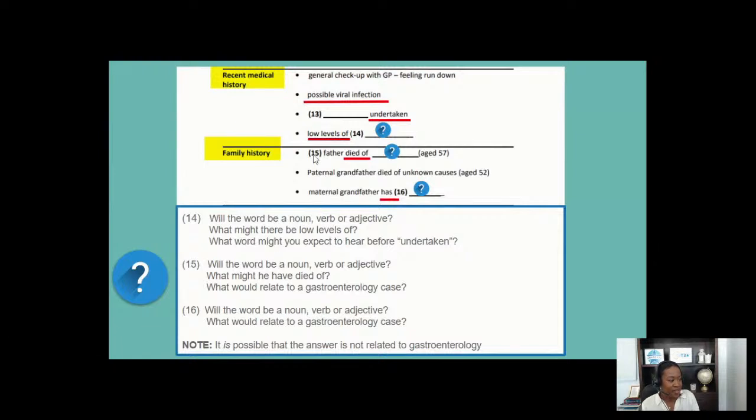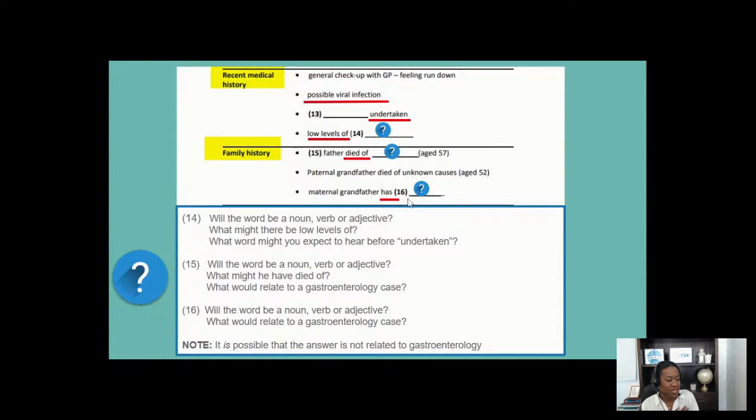So number 15, what do you think it could be? It must be a medical condition, right? Because the father died of something. Must be a noun, it must be a condition, and it could relate to gastroenterology.